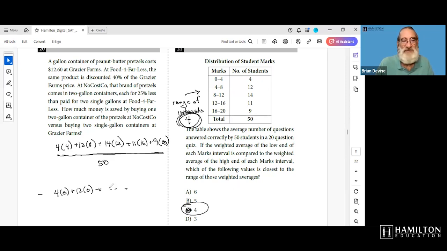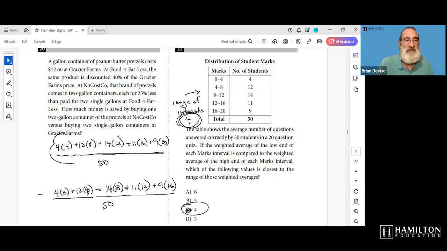But I could complete this. That would be 4, and 14 times 8 plus 11 times 12 plus 9 times 16 and divide that by 50.